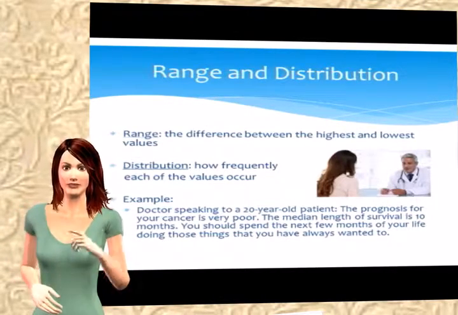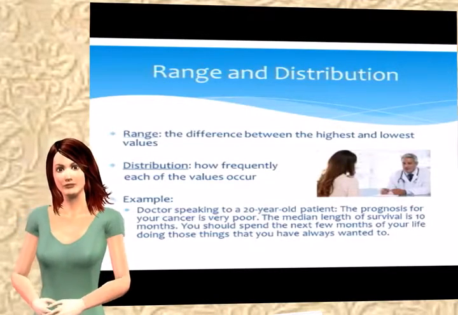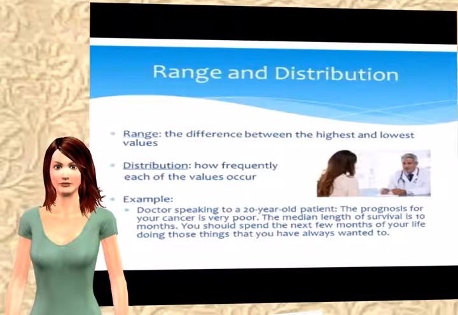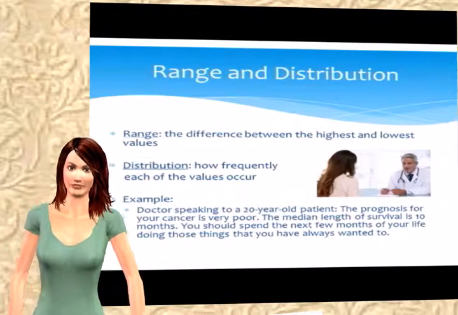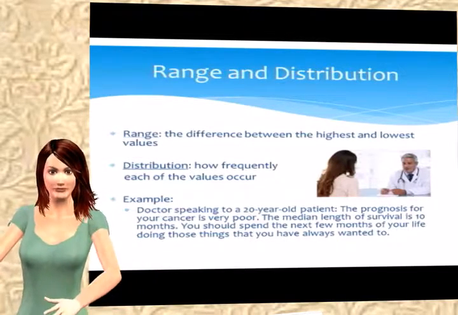A doctor is speaking to a 20-year-old patient, and he tells her, the prognosis for your cancer is very poor. The median length of survival is 10 months. You should spend the next few months of your life doing those things that you have always wanted to do.